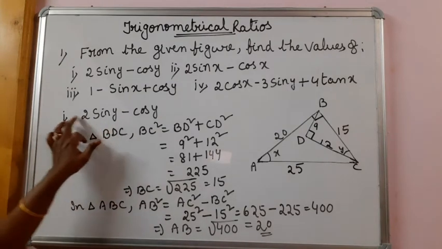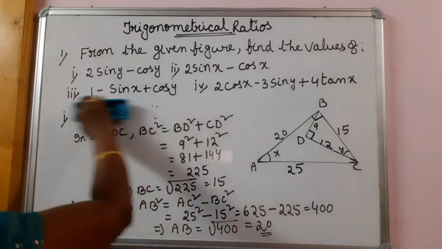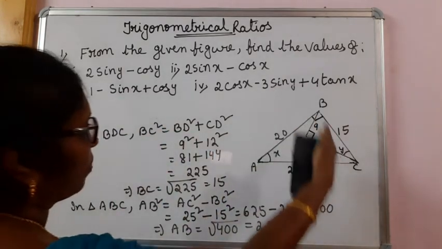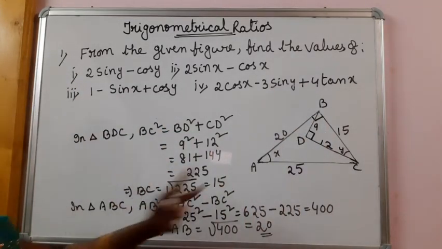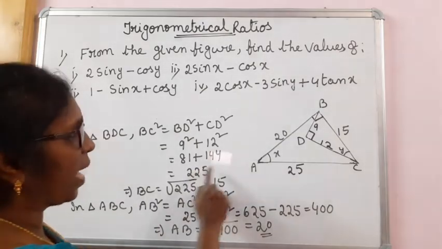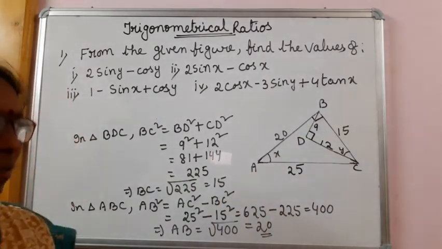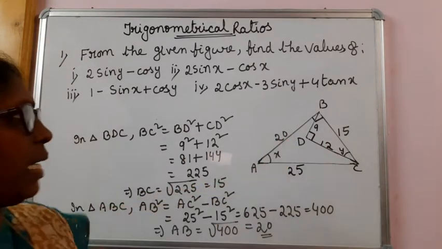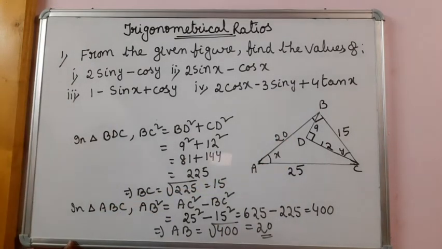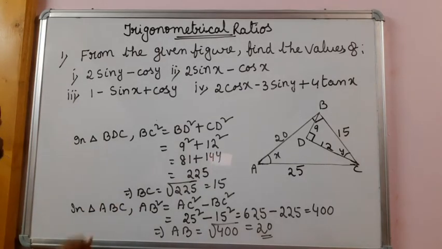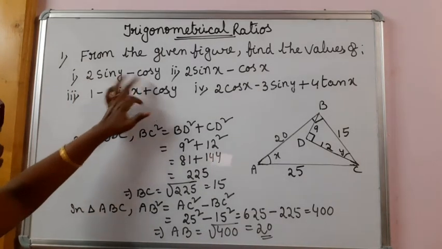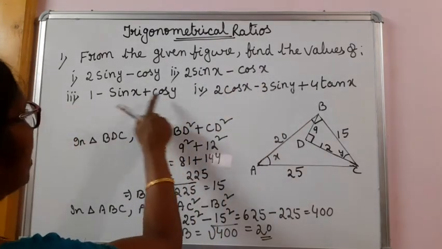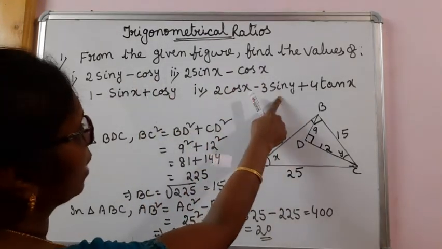So actually I have written here, first, before doing, let us find the values of BC and AB. We got it now, and these values I have marked here in the figure, so that it will be very easy for us. Now, one by one, let us do. We can say sin y, cos y. And for y, what more are there? Here no y, here cos y. Cos x, sin y.